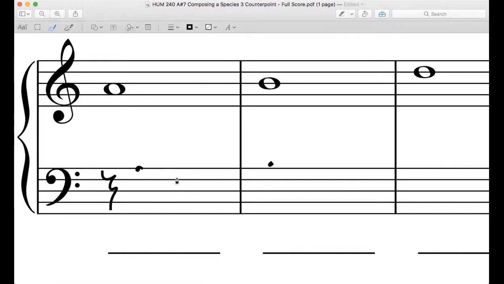Well, I don't want to use a lower neighbor here because then it's going to create parallel octaves. What could I do? Well, you could think about starting on the downbeat. You don't have to start on beat number 2. You might have an easier time in some cases starting on the downbeat. Okay, just know that you have the option.